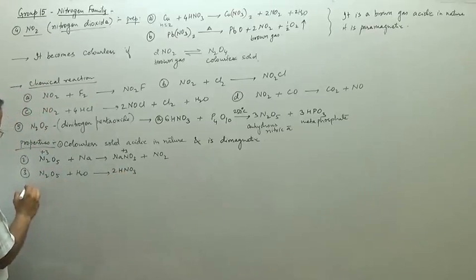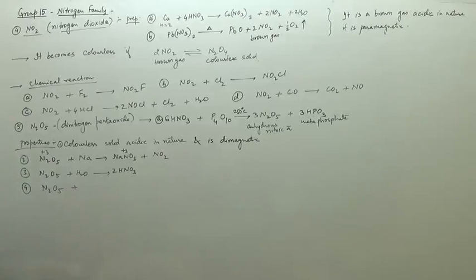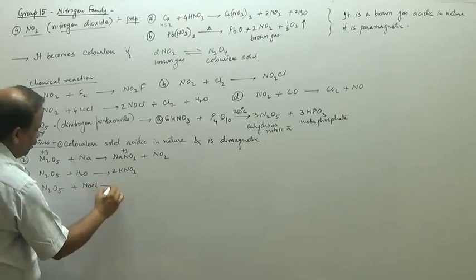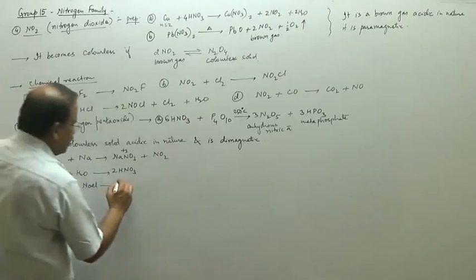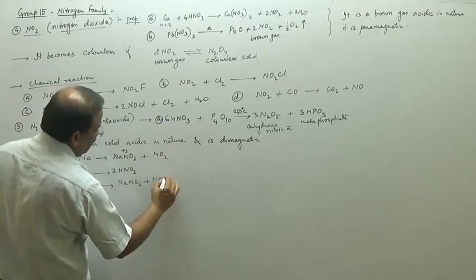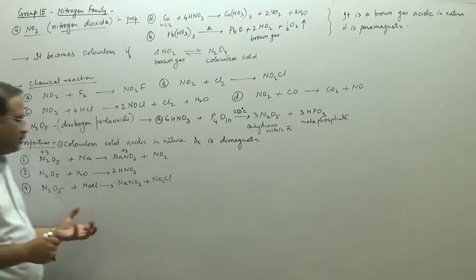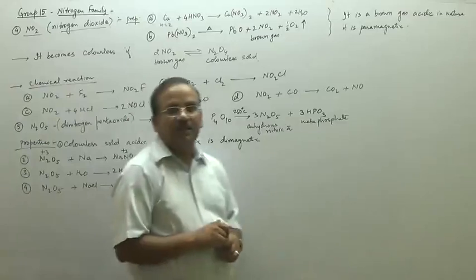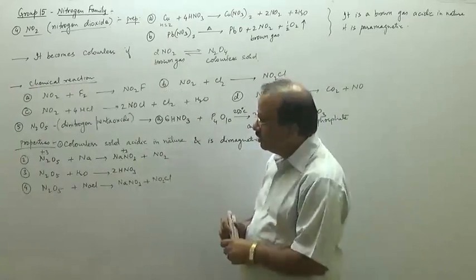And when N2O5 is treated with NaCl, again I will get NaNO3 plus NO2Cl. So that is how I can write a few chemical properties of N2O5. N2O5 is also used in the nitration of benzene and so on.